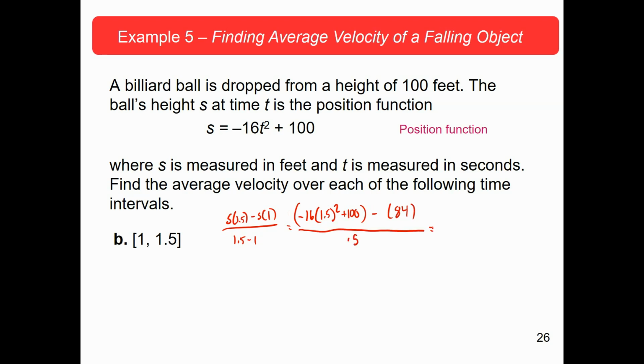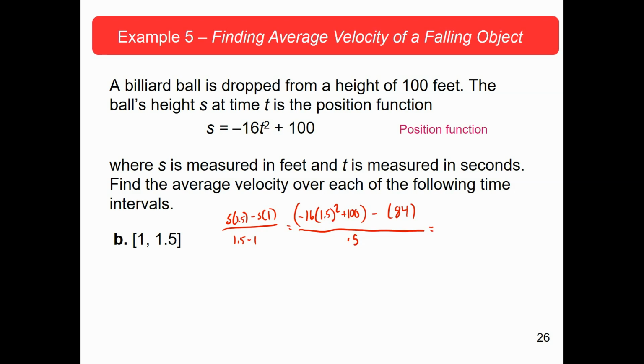Now, before we do this, let's ask ourselves the question, should our average velocity be higher or lower in terms of the speed when we're talking about a smaller interval? So at time t equals 1 to 1.5, do I have an average that's higher or lower than from 1 to 2?